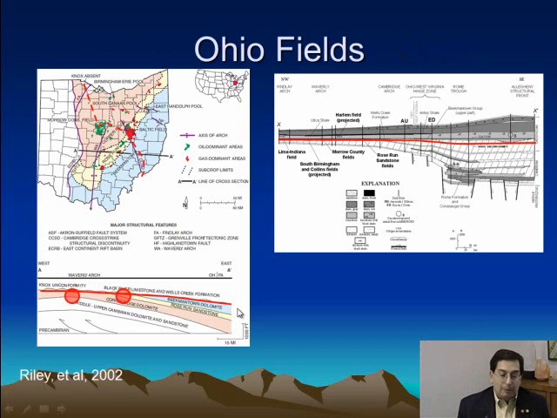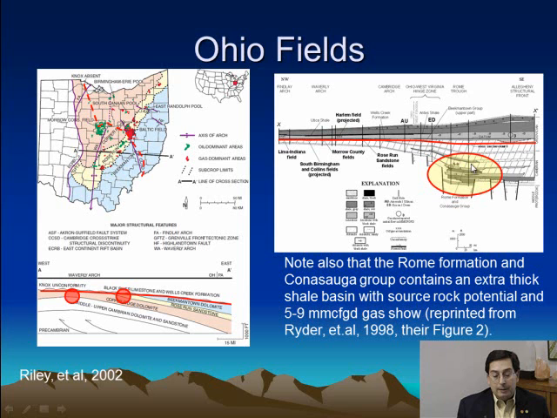As we look at some of the examples over in Ohio, there are some great paleogeomorphic traps because of the unconformity, and these show up as the Beekmantown and Rose Run are truncated by the unconformity. And very notably, there is a very rich shale source rock, a Cambrian source rock, below the Great American Carbonate Bank up here.